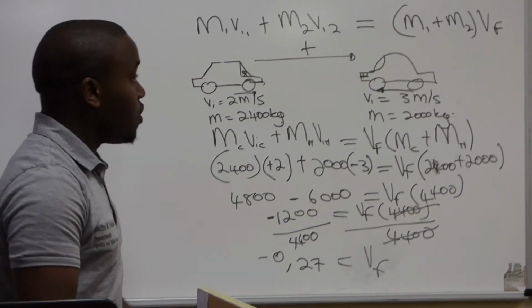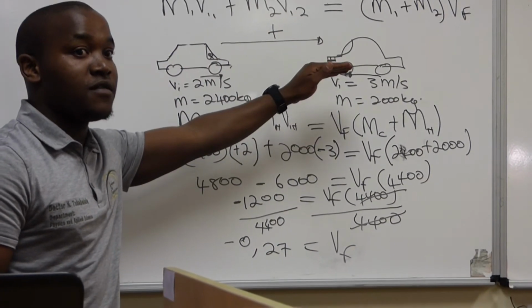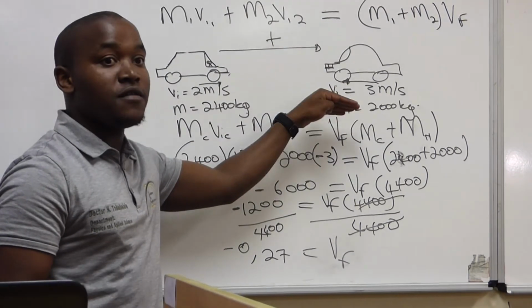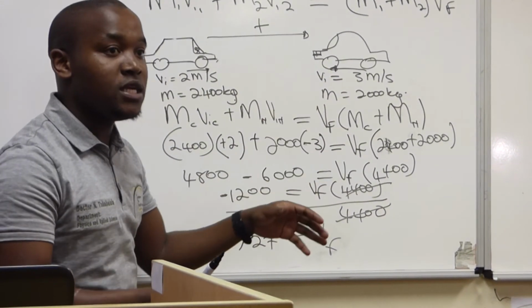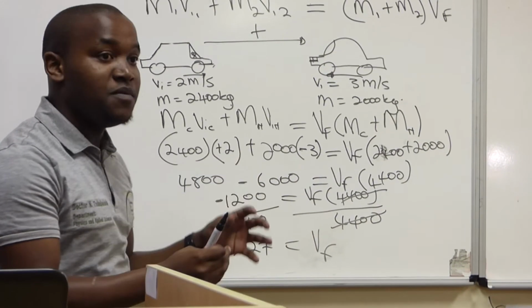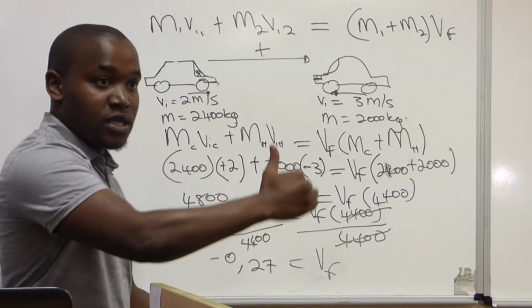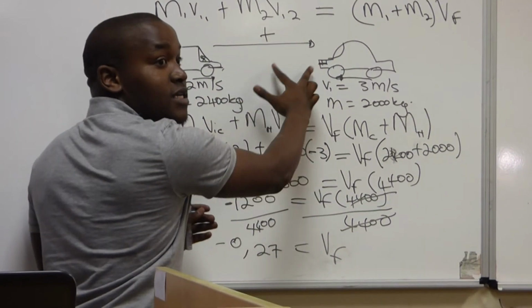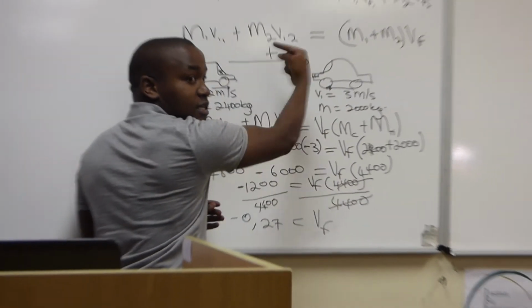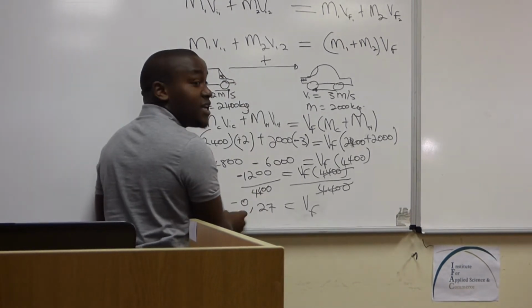Meaning, we said this direction is positive, and we are getting a negative answer. It means the final velocity of the Natasha-Chippy system is in this direction. Meaning after they've collided, they'll move in this direction, because we're getting a negative answer.